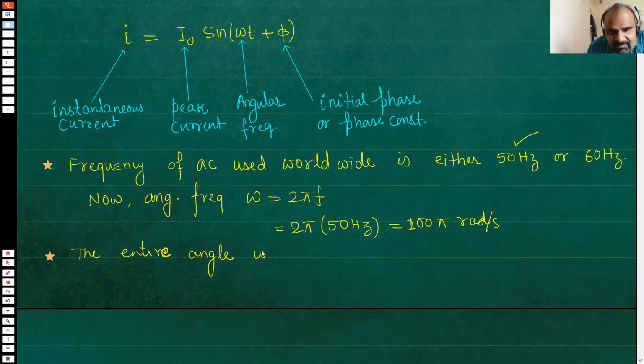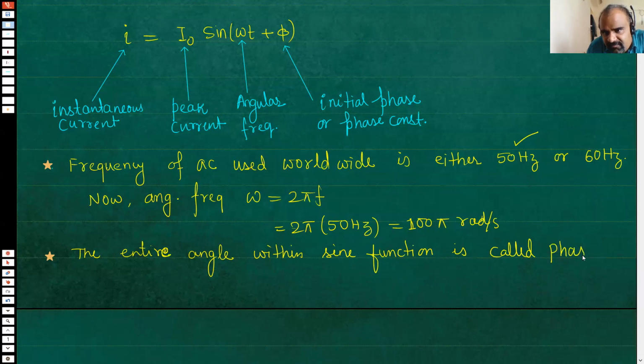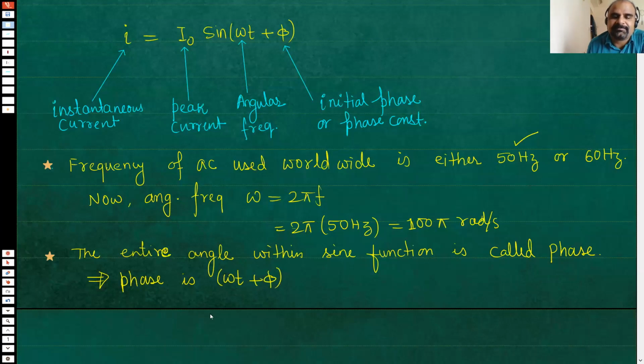The entire angle within the sine function is called phase. So that means phase is omega t plus phi. Phi is not phase. Phi is initial phase.